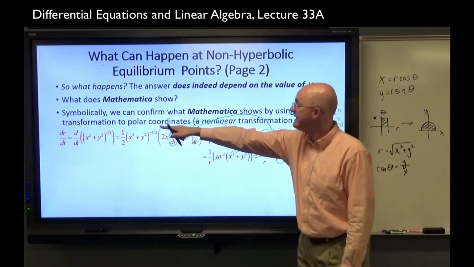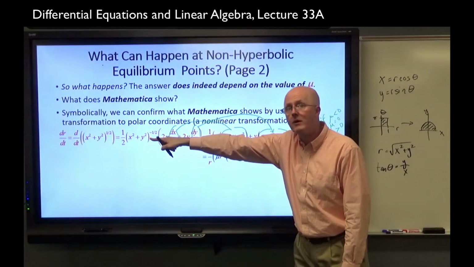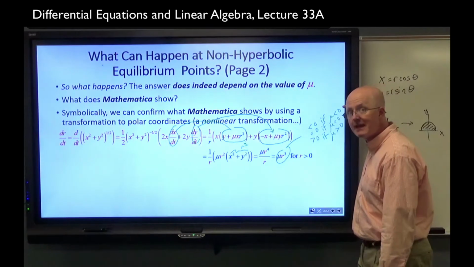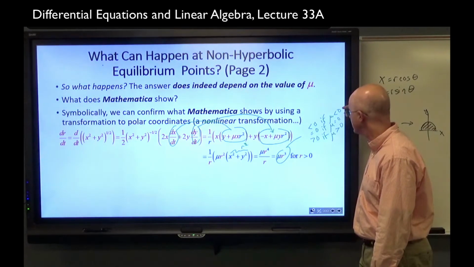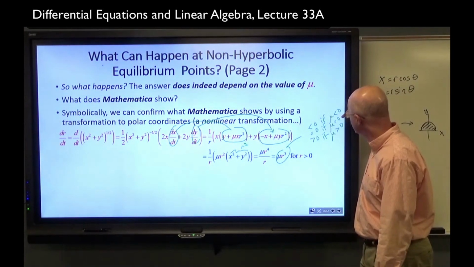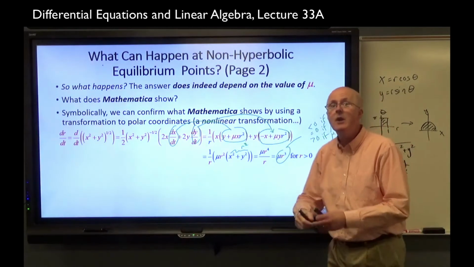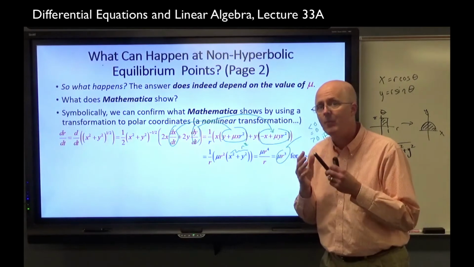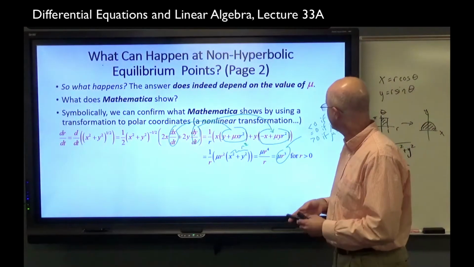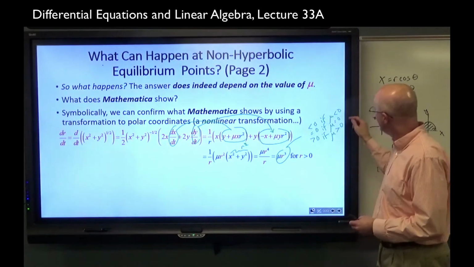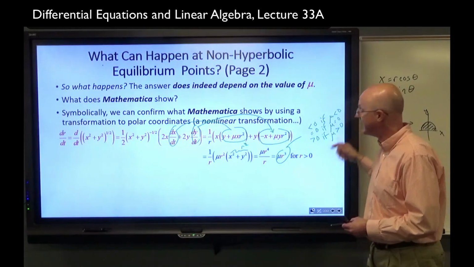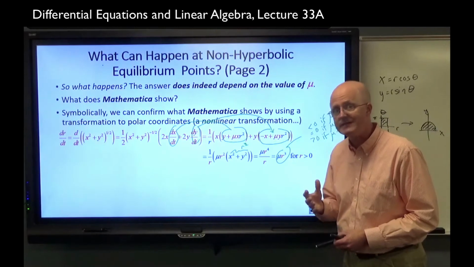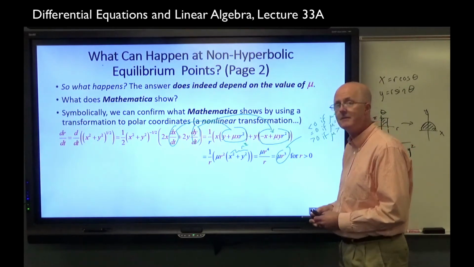It's telling us the rate of change of the radial coordinate along solution curves is negative when mu is negative, always, as long as r is positive, 0 when mu is 0, and positive when mu is positive. We do get a spiral sink when mu is negative. The point has to head toward the origin. It's not a proof, but we get a center when mu is 0, and we get a spiral source when mu is positive. R has to be an increasing function of t when mu is positive.